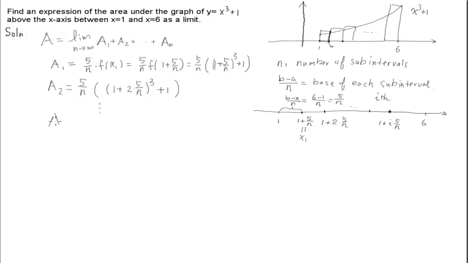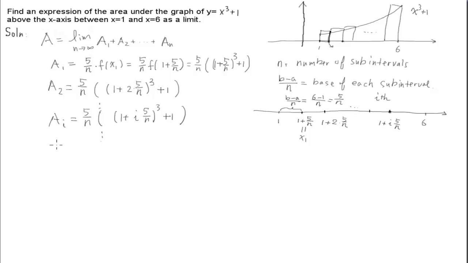Once we've done this, we can see a pattern now, and then we will see the ith one, A_i, is 5 over n, and we have 1 plus i times 5 over n, cubed, and plus 1. And the last one over here, x is 6, but we can use the same pattern.